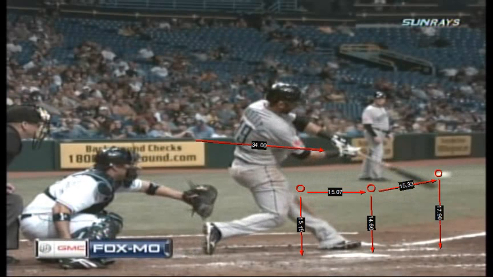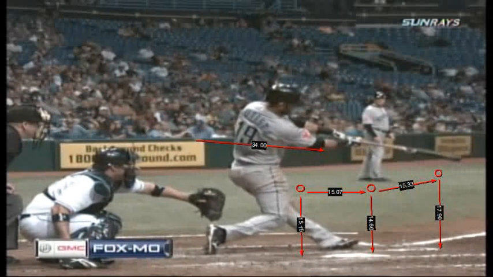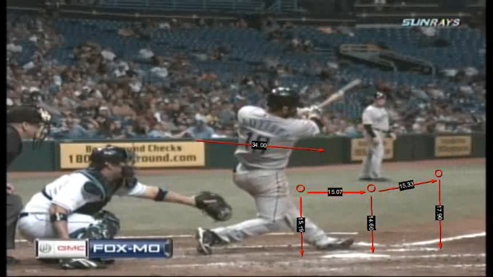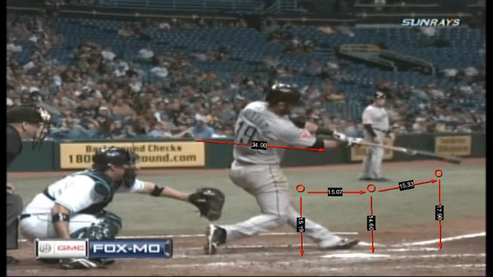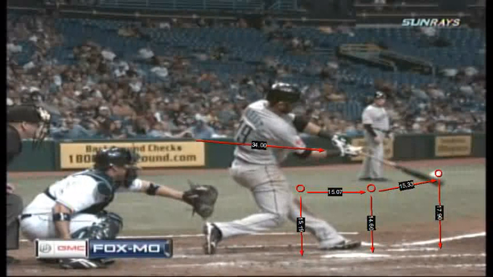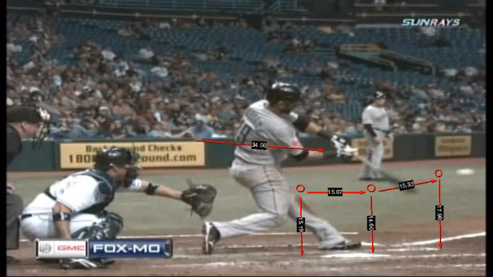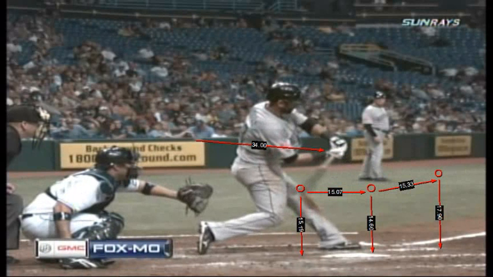So is there a perceived velocity going on? Yes. He perceives this pitch to be a middle fastball, or actually a little bit inside, because he's a tiny bit early. And he's very close to 100% on time. So yes, his perceived velocity was equal to the effective velocity. But what if this were an inside pitch and he made contact back here?